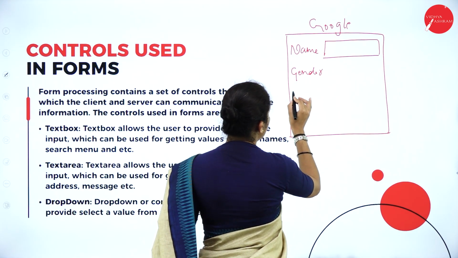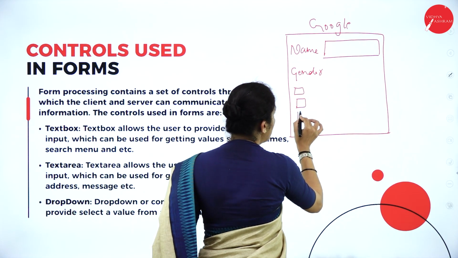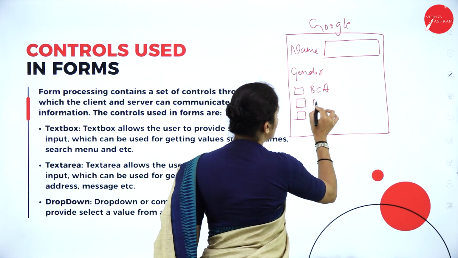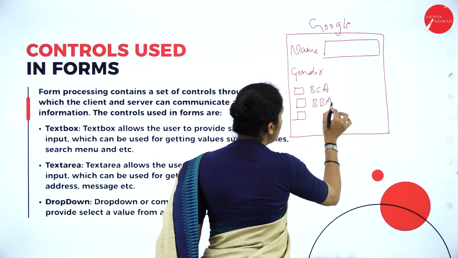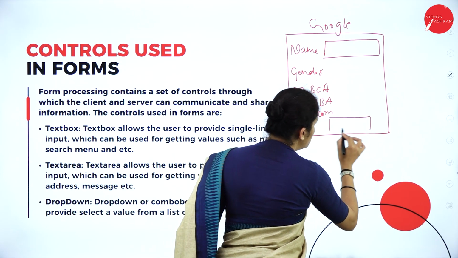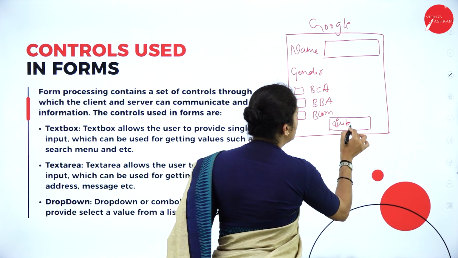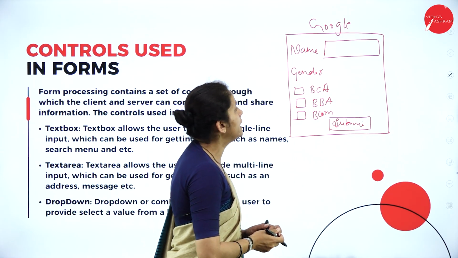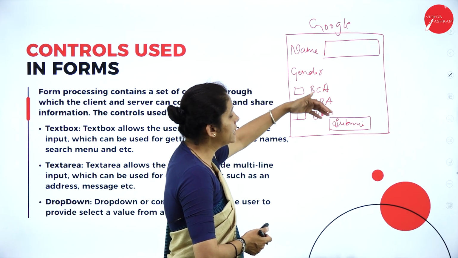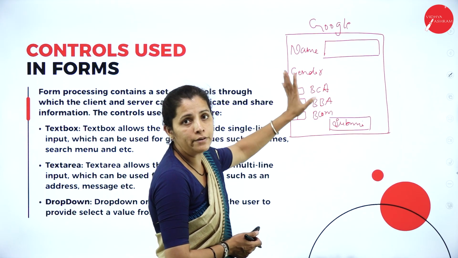Then I'll provide, they have to select their combination. For example, BCA, BBA and BCom. At the same time, they have to submit the form. So I'll give the button called submit. So here, text box, labels, checkbox, button, these are the controls. These controls are used to design the form.